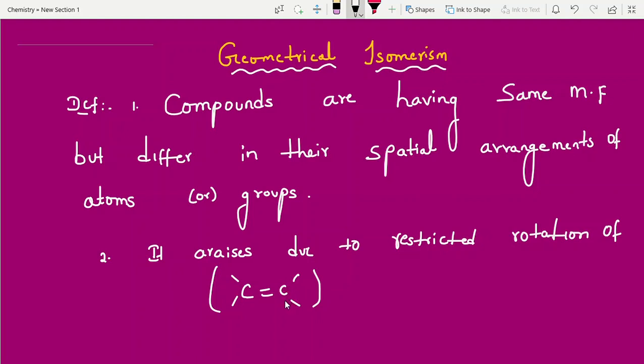Because of restricted rotation, we are learning geometrical isomerism for double bonded carbons.